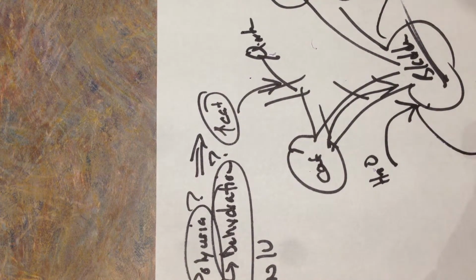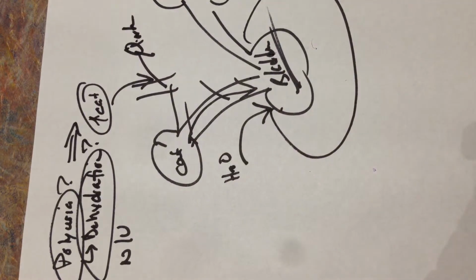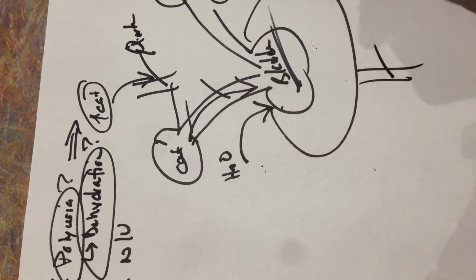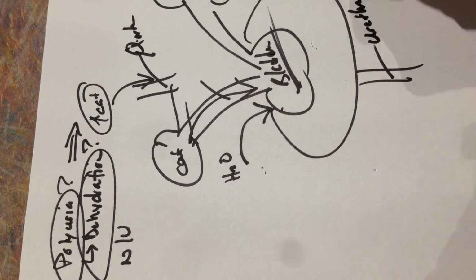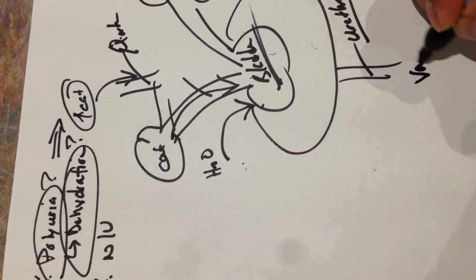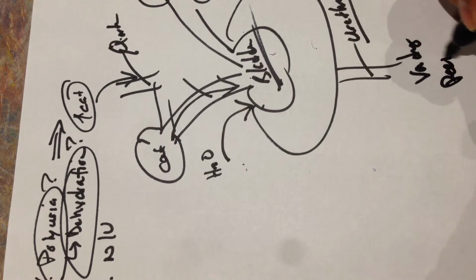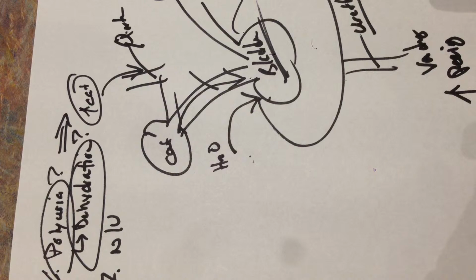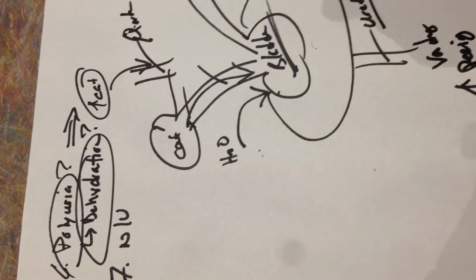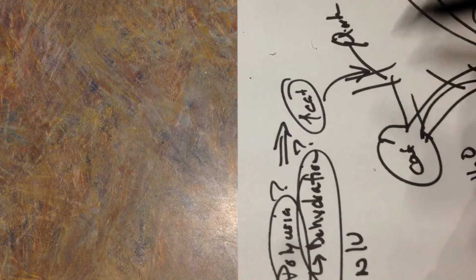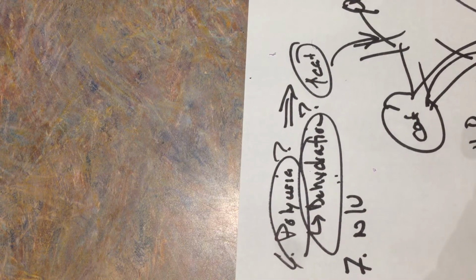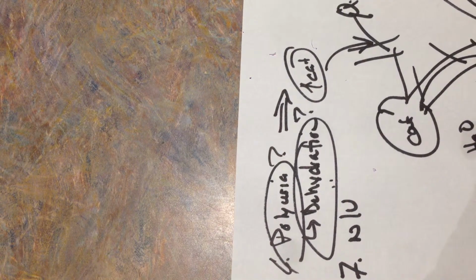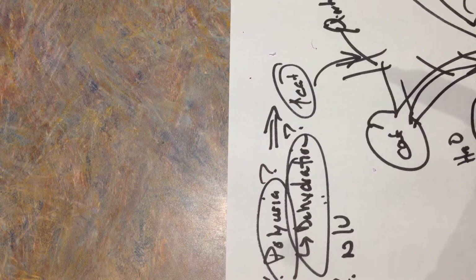Therefore, your bladder is going to get bigger because you're losing a lot of water, and you'll end up voiding that. So you're going to be peeing a lot. If you're getting rid of a lot of water, you're going to become dehydrated if you do not replenish that H2O.